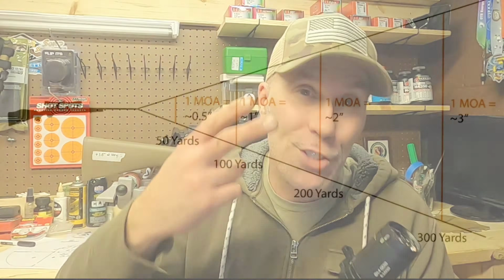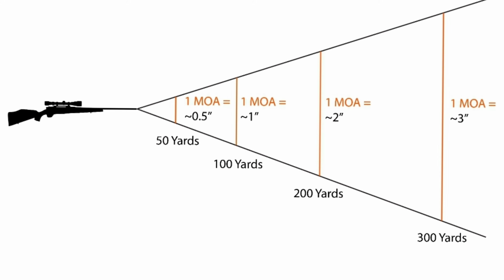Well, at 200 yards, because it's twice the distance, the amount of movement would be twice the amount. So for instance, just a vague example here, if 1 click at 100 yards was going to move your shot 1 centimeter, at 200 yards that 1 click is going to be 2 centimeters. This is how this works.